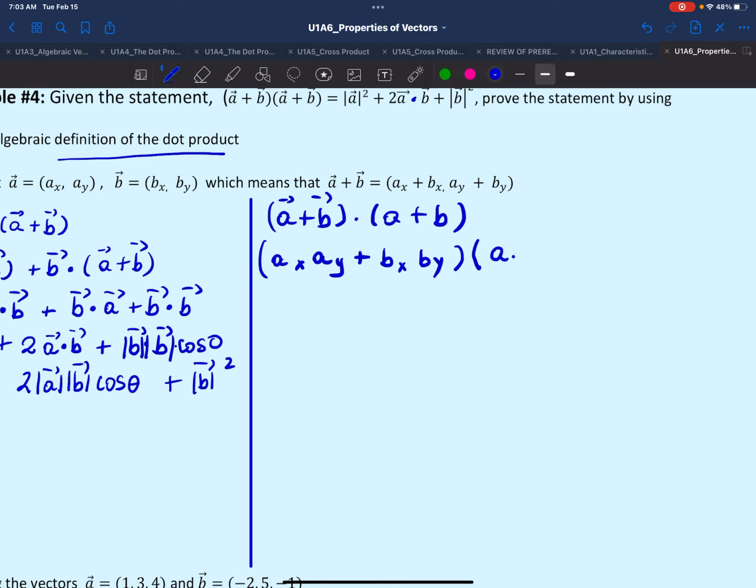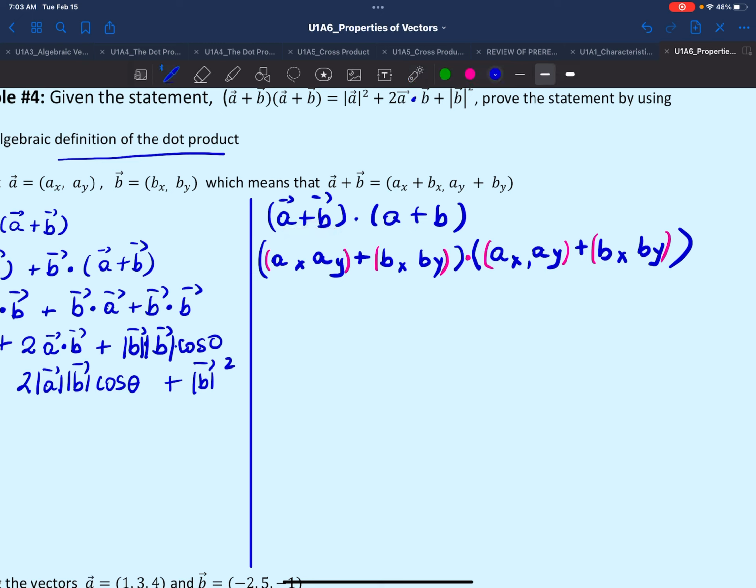Plus BX, BY. So remember that these are coordinates here, and these are coordinates as well. So in order to add the two vectors, we have to do brackets first.